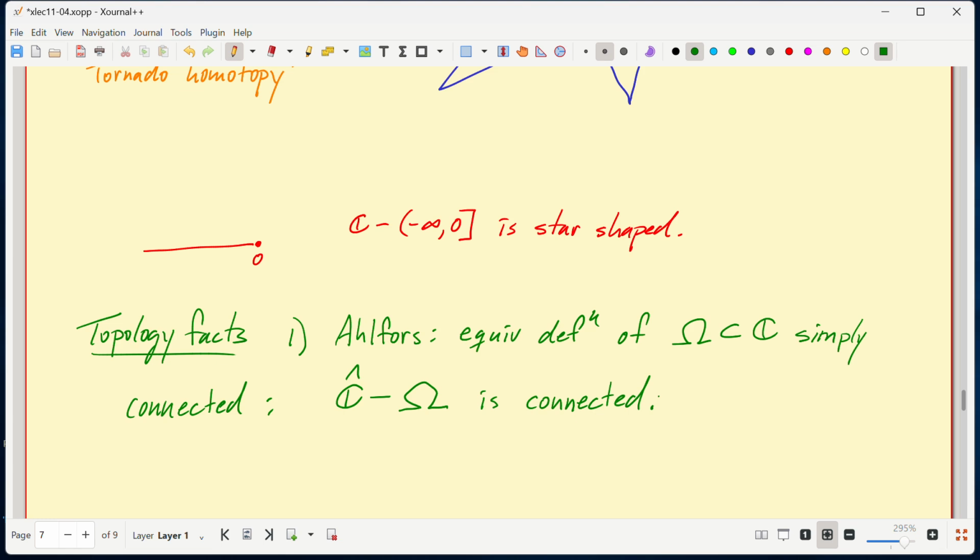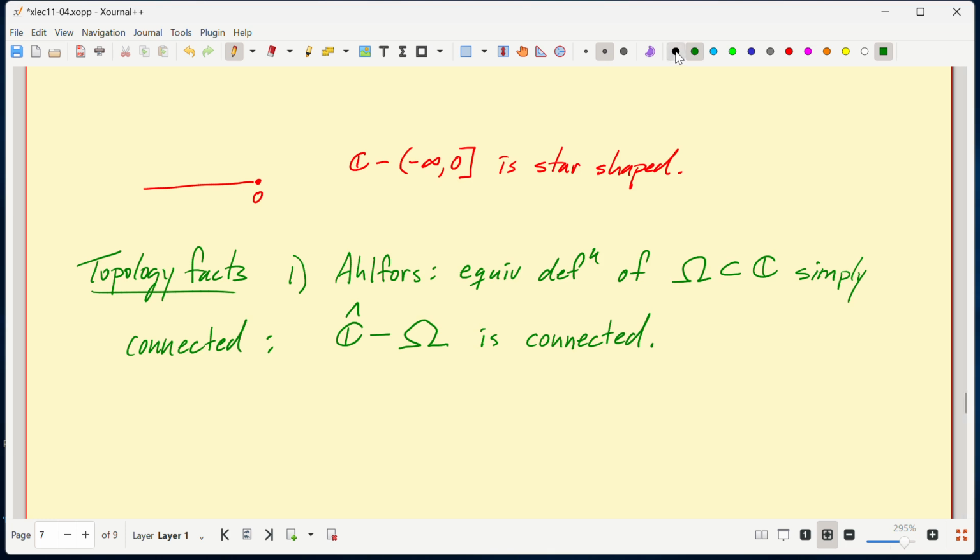Anyway, if omega is bounded, you don't need that extended complex plane thing. But if it's unbounded, then you definitely need that. So, remark: you need that extended complex plane instead of C when omega is unbounded.